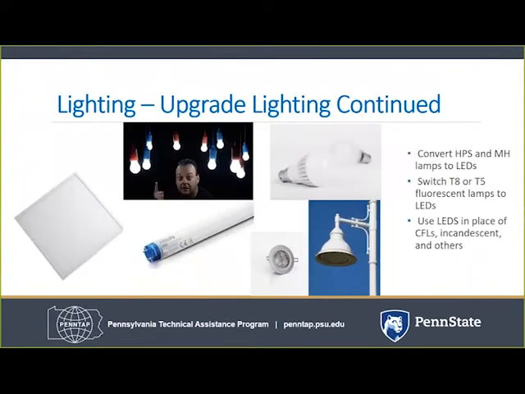LED bulbs can provide appropriate lighting replacements for any workspace while consuming much less power than other bulb types. LEDs compatible with many fixture types are available. Here are a few LED types that can replace common incandescent, fluorescent, high-pressure sodium, and metal halide bulbs.